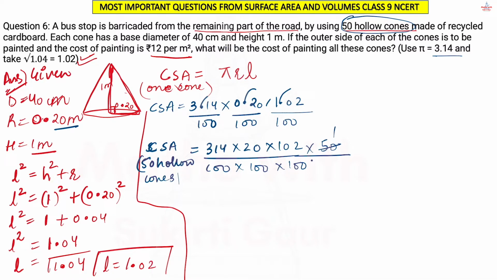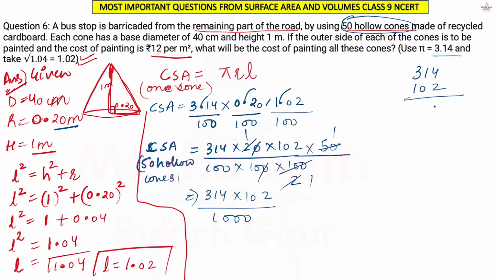Now 50 times 1 and 50 times 2. Is it easy? Yes. 0, 0. And what we can do, 2 into 1, 2 into 1. Now we have got 314 into 102 upon 1000, right? So you need not touch this 1000 because we will just multiply these two and shift the decimal, because anyhow we are going to get the answer in decimals.